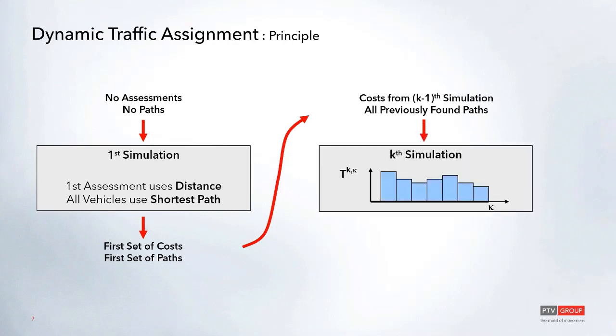And that simulation run will use those paths and costs. Additional paths will then be generated along with a new set of costs. That will get fed back into the simulation so that the vehicles can update their travel times. And then this process will continue until you reach a solution that has been converged upon.